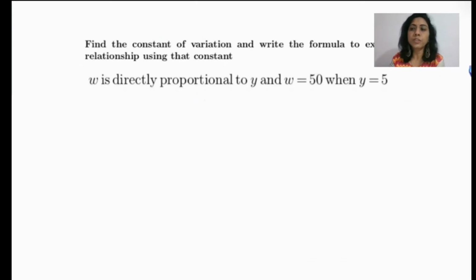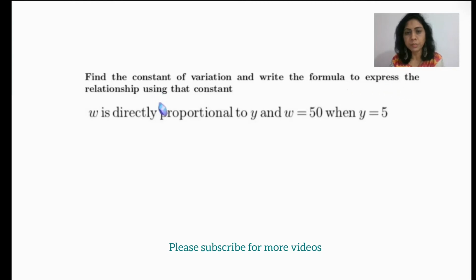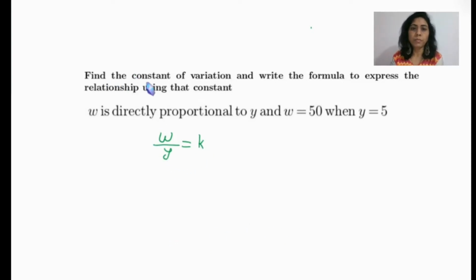Okay. Now here the question is, find the constant of variation and write the formula to express the relationship using that constant. W is directly proportional to Y. Directly proportional means divide. First we set up the formula, then find the constant of variation.